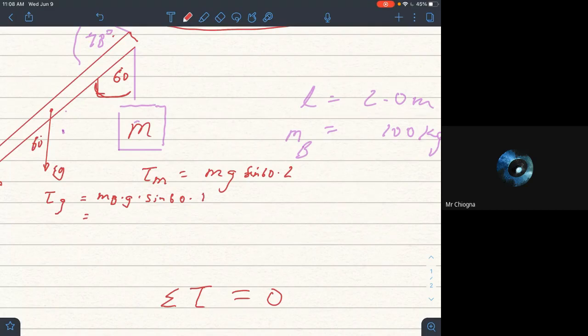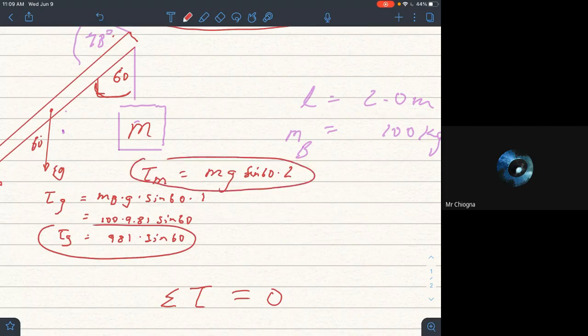So this becomes 100 times 9.81 times sine of 60 times 1, which is just as is. Doesn't change it. It's 981 times sine of 60. Circle that. Circle this. You can simplify this further. G is 9.8. But those are your torques.